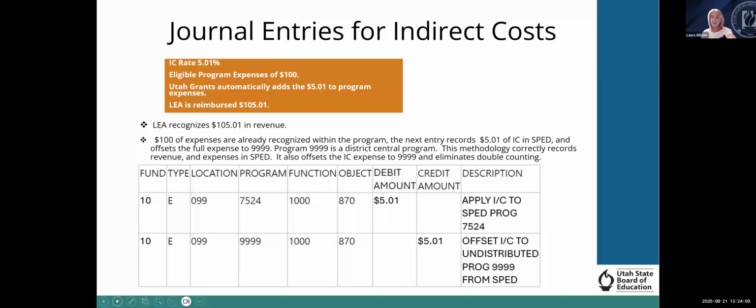This entry, then the program 9999 will flow through onto your APR into that first column. And so this way we can keep track of where specifically we're getting our reimbursements for indirect costs, but we don't double count. So if you have any questions or comments about that, we'd love to hear them.